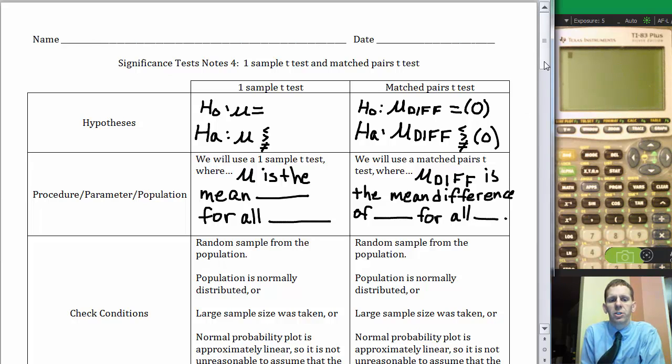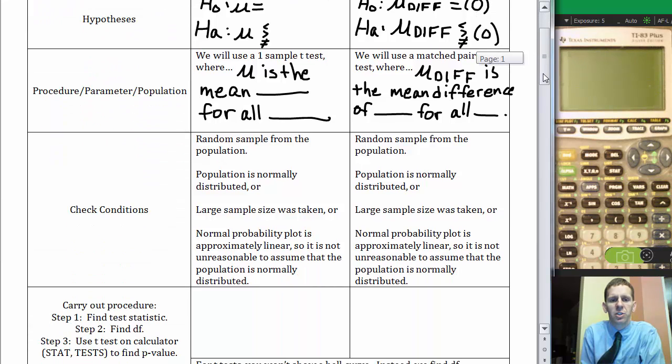We had mentioned before the conditions for a one sample t-test and matched pairs t-test are the same as the conditions for a one sample t-interval or matched pairs t-interval. You've taken a random sample from the population, and then the population is either normally distributed, or you have a large sample size, or once you do a normal probability plot, the normal probability plot is approximately linear, so it's not unreasonable to assume the population is normally distributed.